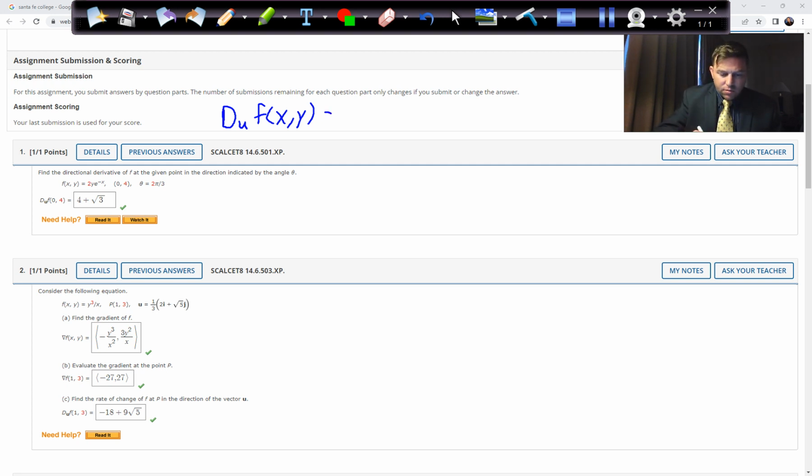And that's going to be equal to the partial derivative of f with respect to x, as a function of x and y, times a, and I'll get to what that is in a second, plus the partial derivative of f with respect to y, times b, where a and b come from a vector that's equal to cosine theta and sine theta.